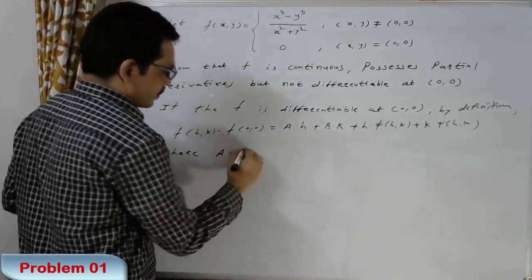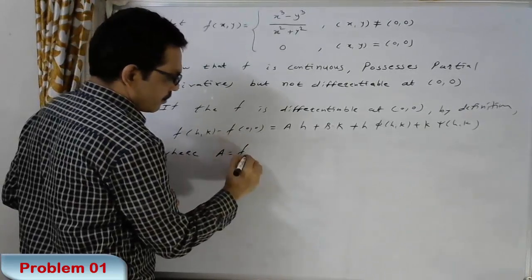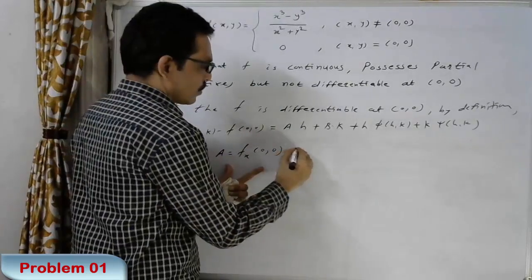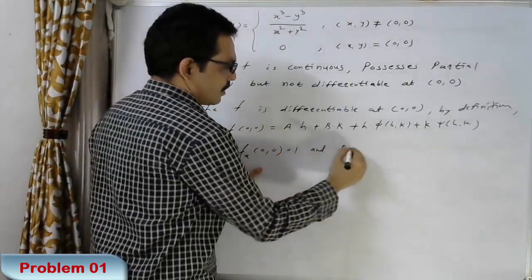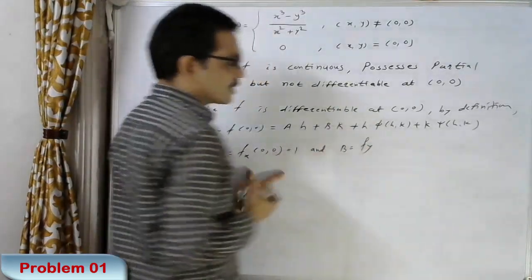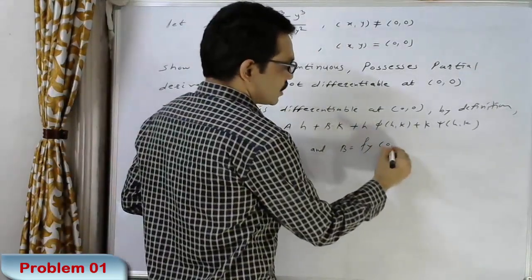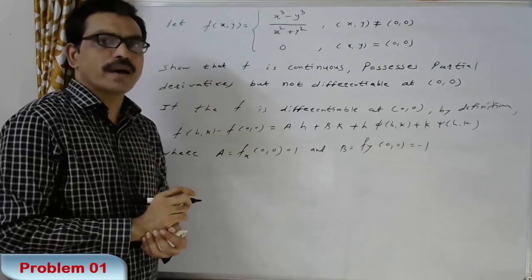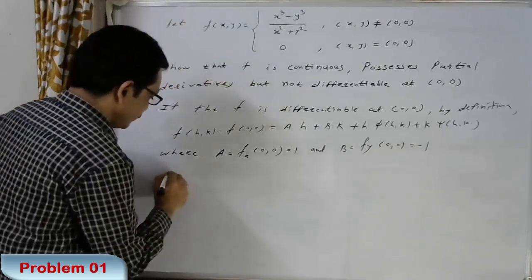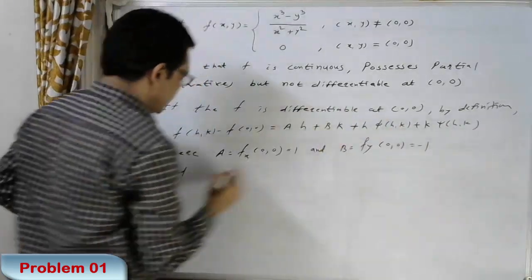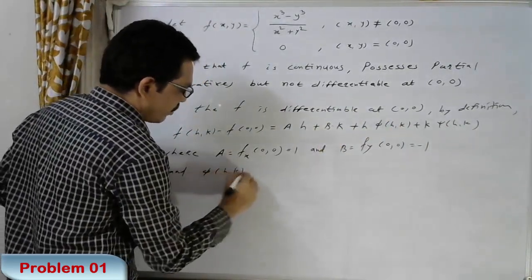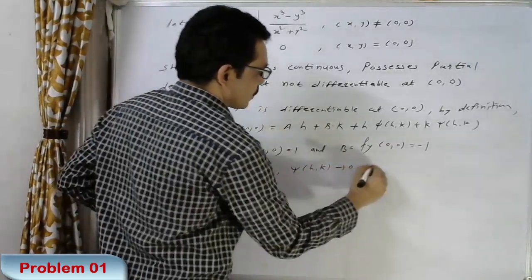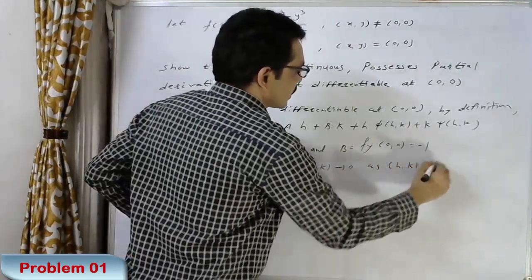Therefore, a is the partial derivative of the function f with respect to x at the point (0, 0), that is fx equal to 1, and b is the partial derivative of the function f with respect to y at the point (0, 0), which is equal to minus 1. And phi of (h, k) tends to 0, psi of (h, k) tends to 0 as the ordered pair (h, k) tends to (0, 0).